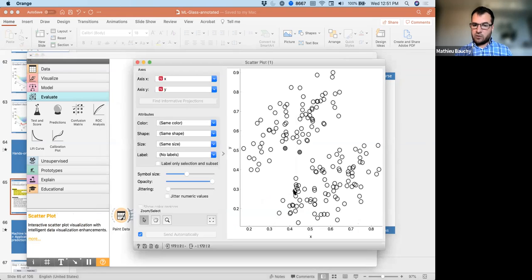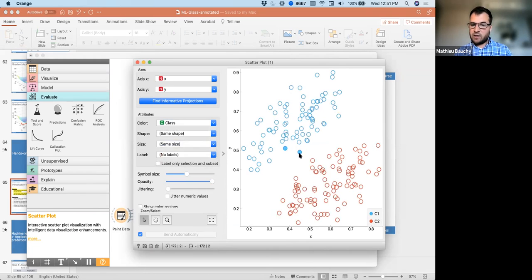So let's see what it looks like now. You have all the data points with their position X and Y. I'm going to add the color, which is their class: the blue points and the red points. Now you have those data points highlighted with a filled symbol here.